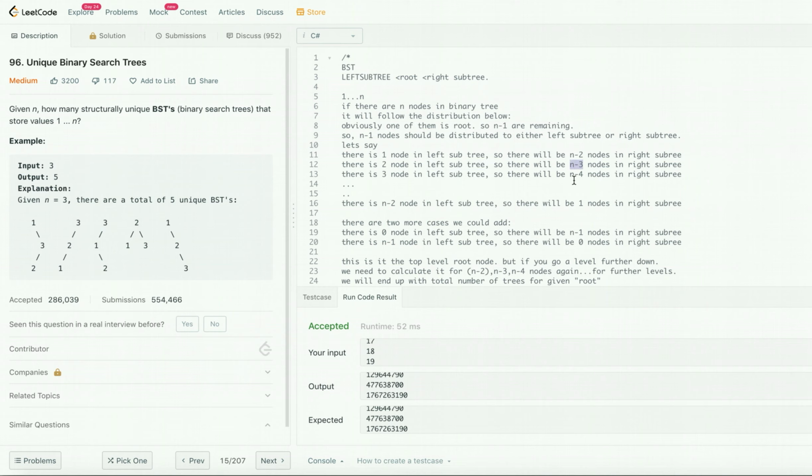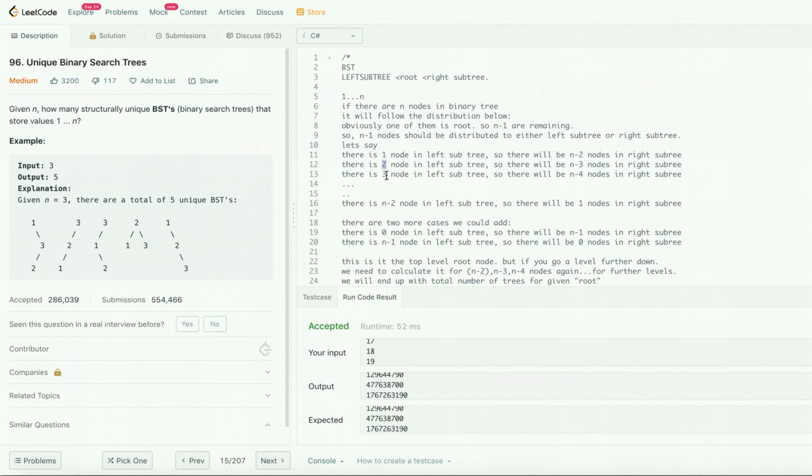On the whole, the number of nodes in the left plus the number of nodes in the right should equal n minus 1, since there are n minus 1 nodes remaining after the root node is selected. So n minus 3 plus 2 is n minus 1 again.